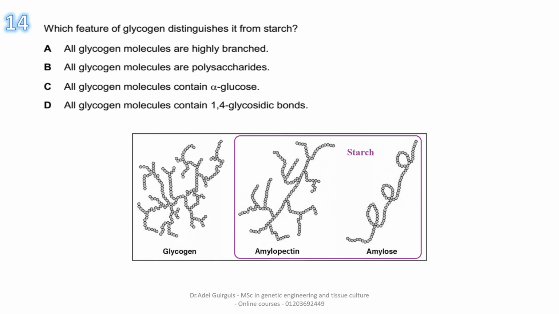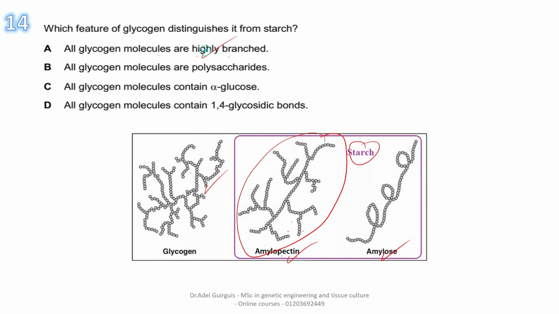Glycogen compared to starch: starch is formed from two main units, amylopectin and amylose. Here, let's check. All glycogen molecules are highly branched. Yes, highly branched. But here also there is branching in amylopectin, but glycogen has more branches than amylopectin.